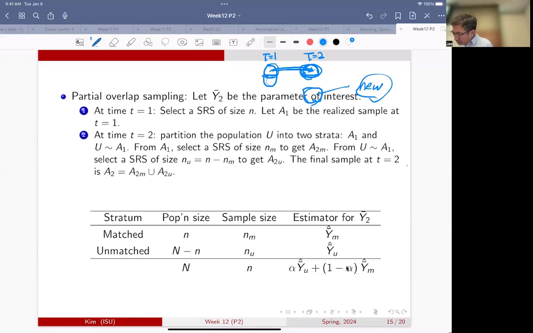Now we are only interested in y2, which is our parameter. Y1 is not really of interest, but it is a strong predictor.